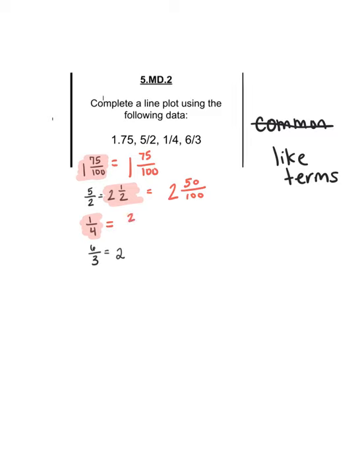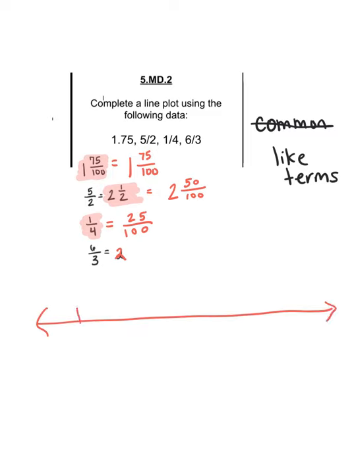And then 1/4, what's the value of 1/4? That's 25 cents out of 100 cents. So now I've got all of these in like terms. I can do 1 75/100ths, 2 50/100ths, 25/100ths, and 2.